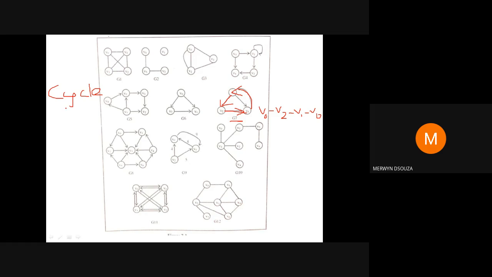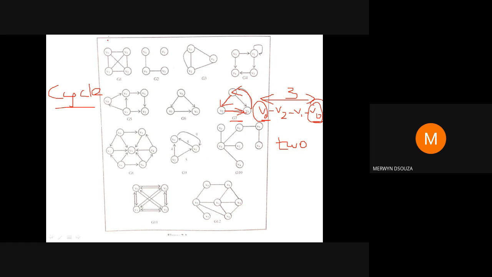So the cycle definition is you have found a path where the first and the last vertex are the same. The path should have at least two vertices. Here the total number of vertices in this path is 3: V0, V2, V1. The first and the last vertex are the same, so we call it a cycle.